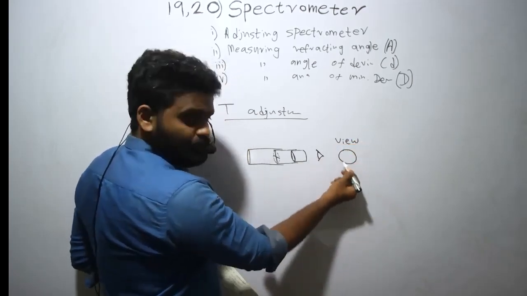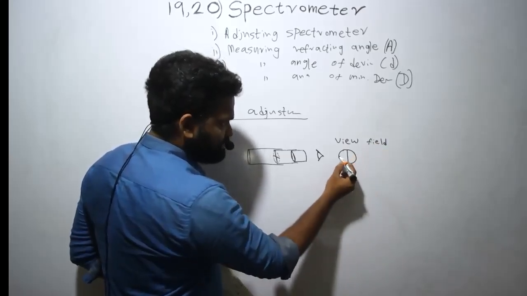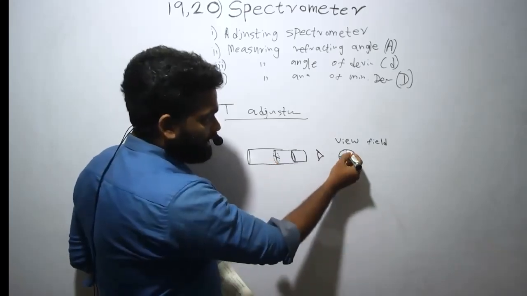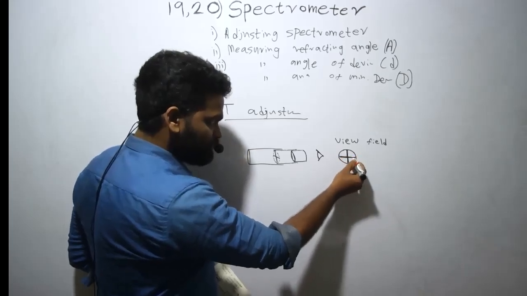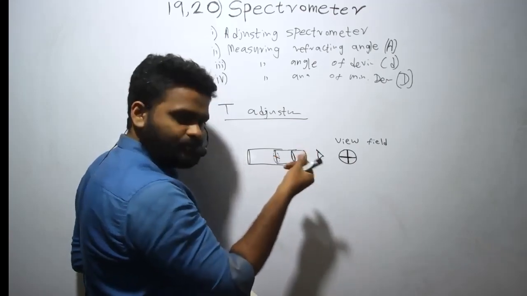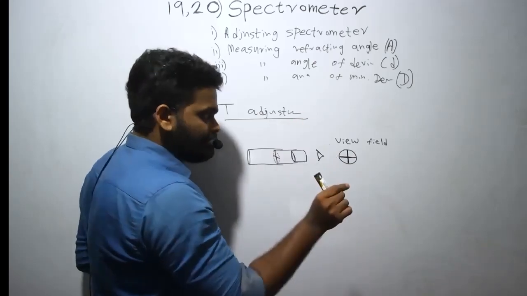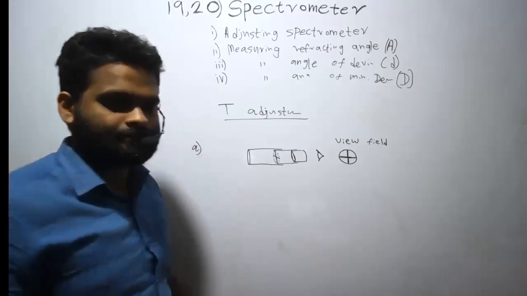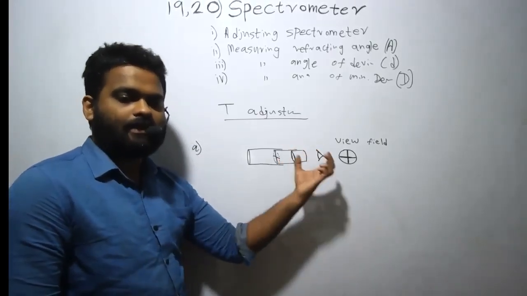Through here you see this, which we call the view field. You have to change this distance till you see the cross wires clearly. You can move this by hand, looking through here, till you see clear cross wires through this view field. So that is the first sub adjustment of the telescope.